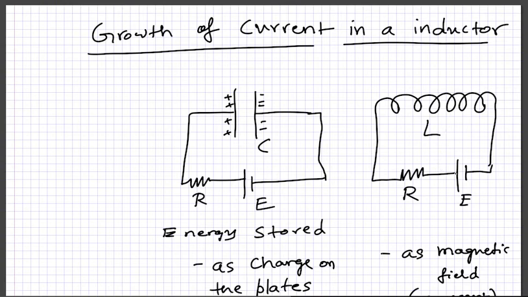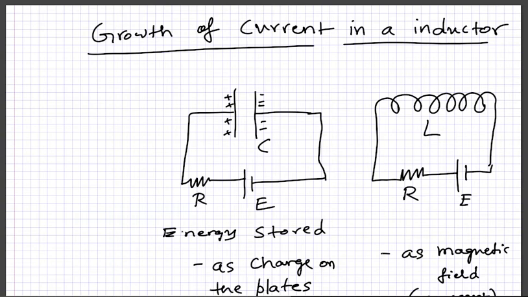Therefore, if you remove the battery and reconnect the terminals, then this magnetic field produces a current in the coil, and that flows through the resistor, and that again is opposed by the magnetic field. So it takes some time for the current to decrease, just like it takes some time for the capacitor to discharge completely because there is a resistor in the circuit.